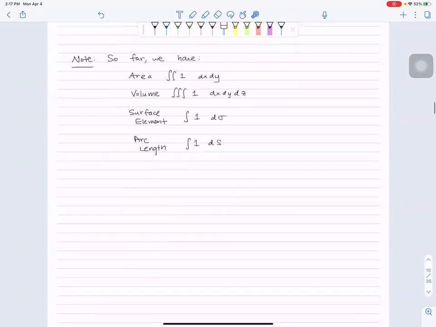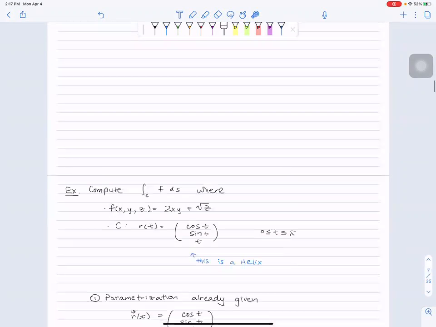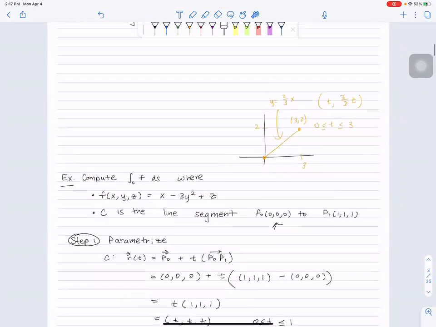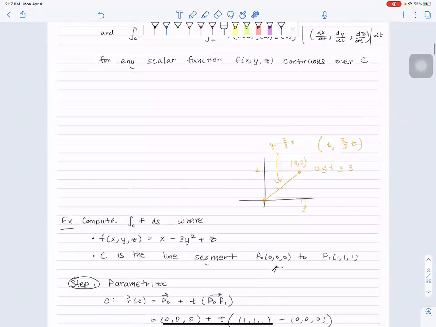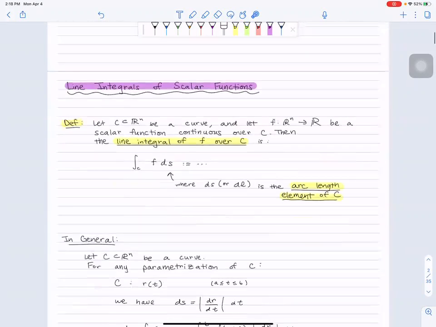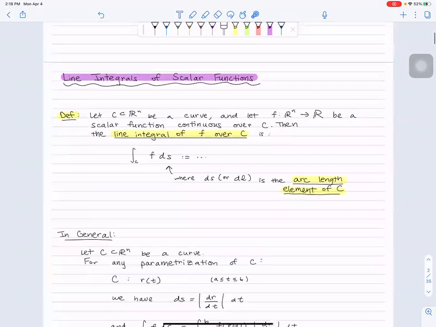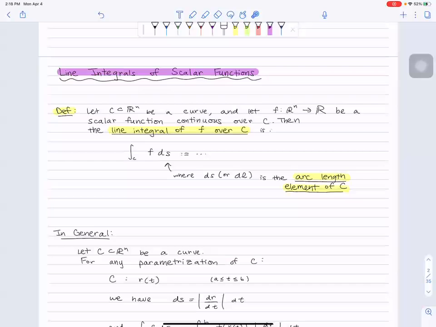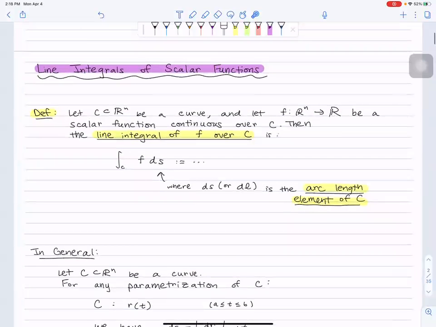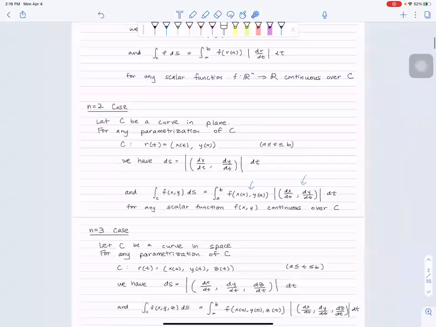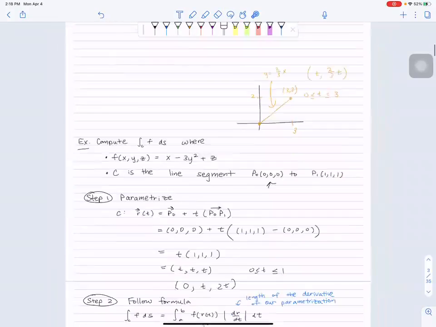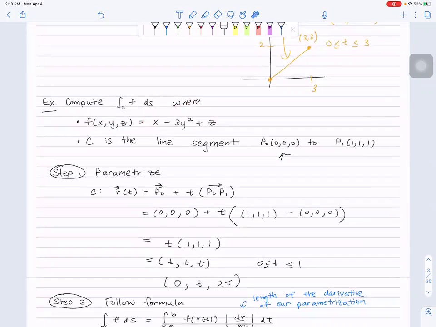So in the scalar function version, we're given a function where you input x, y, z and you get one output.